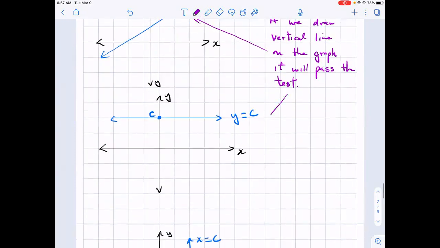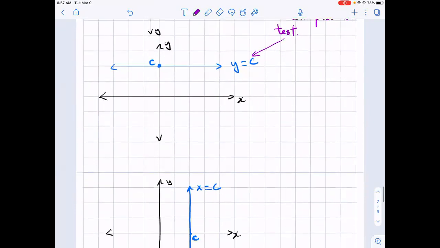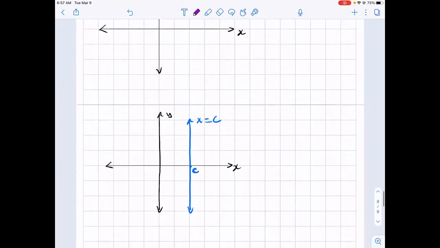Likewise, if we do it for this one here, it will also pass the test. But notice that this graph here will not pass the test.